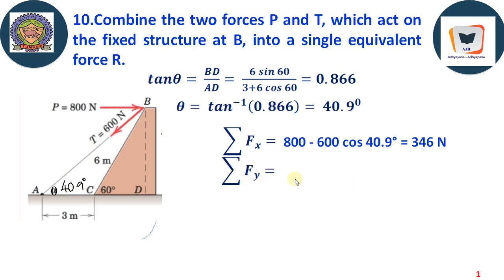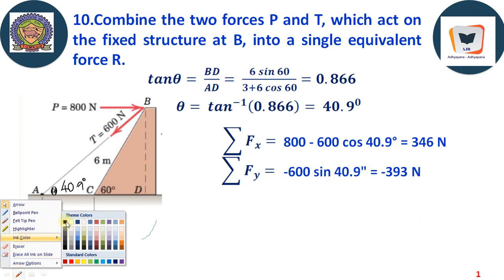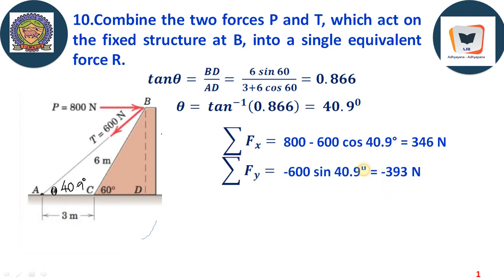In the same token, sigma Fy equal to, now there is only one force which will be having a vertical component, that is 600 Newton. It is minus 600 sine 40.9 degree. That will give us minus 393 Newton.